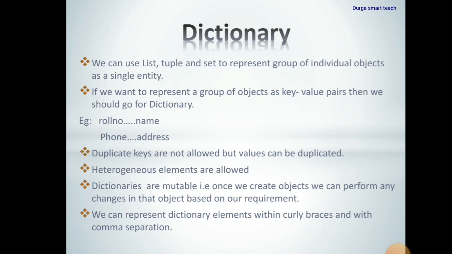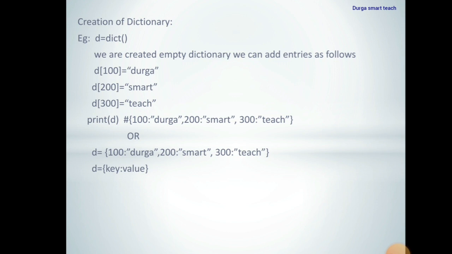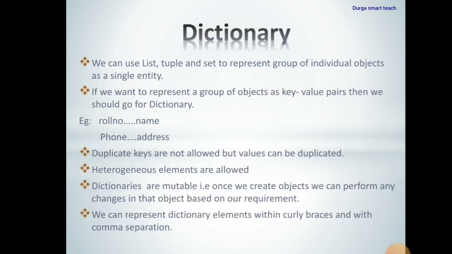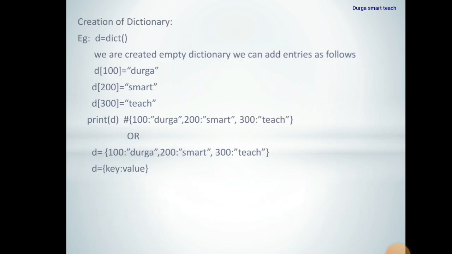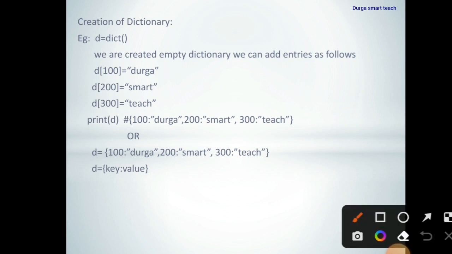Let's see how to represent a dictionary. In a dictionary, there is no indexing and slicing. Let's see how to create a dictionary. D is equal to dict().